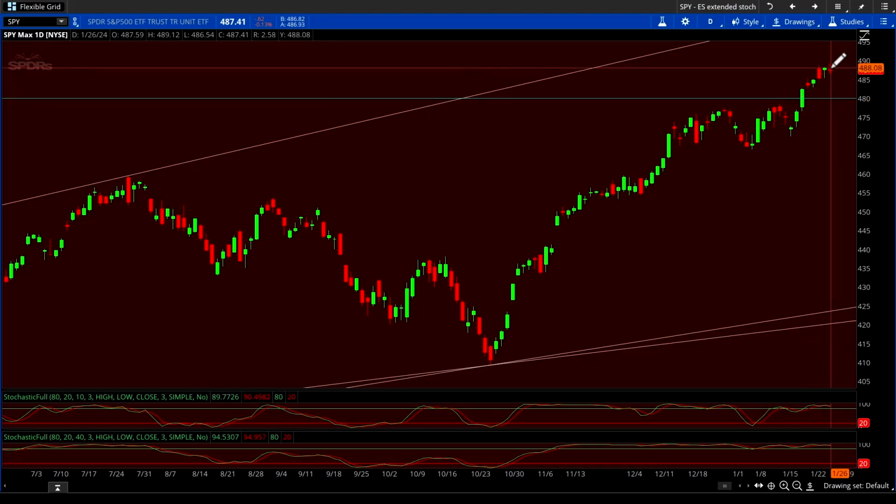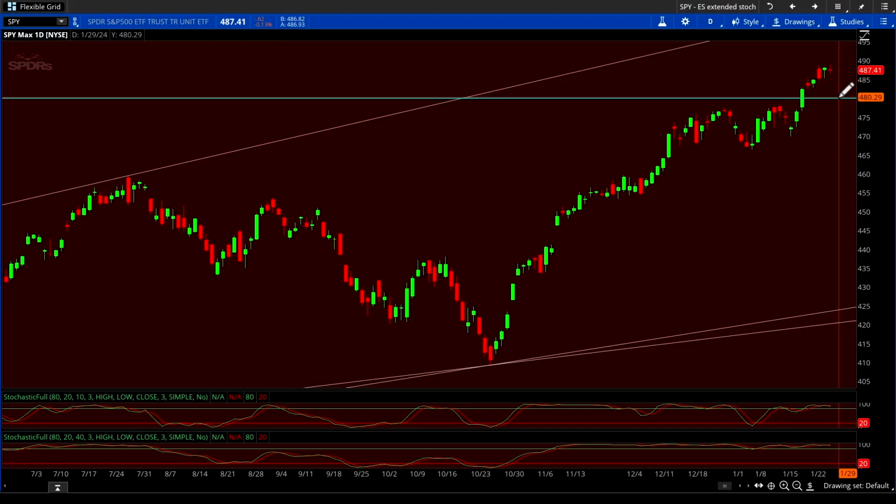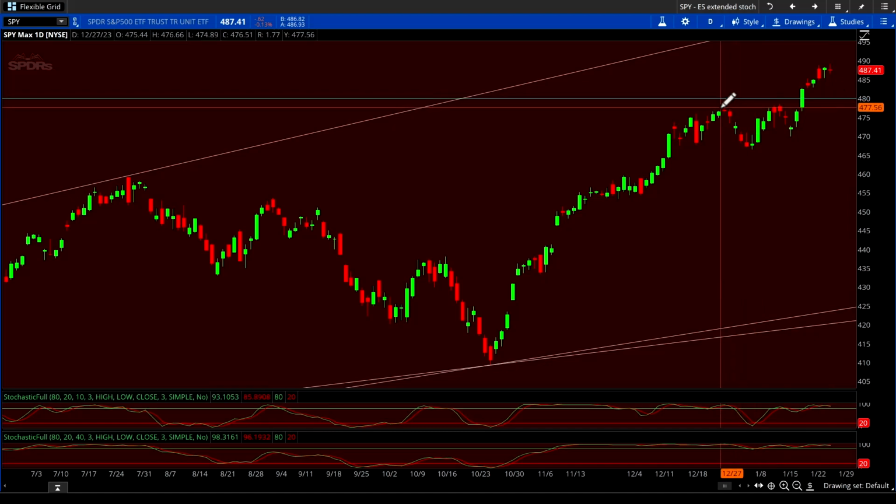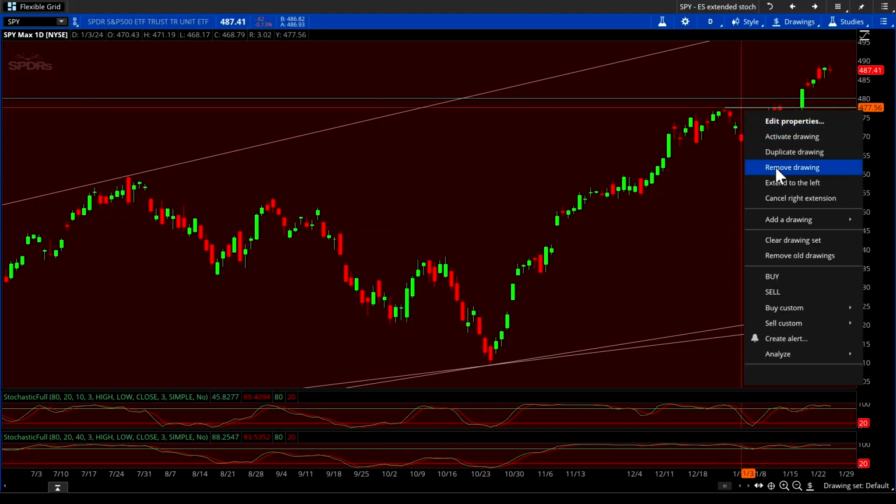But you've got to wait. I would not go short here. That's gambling. If the market does come down, then you wait for here. This is a good shot right here, or even if it pierces that, this looks like a good area right in between here. Anyway, just something for you guys to think about.